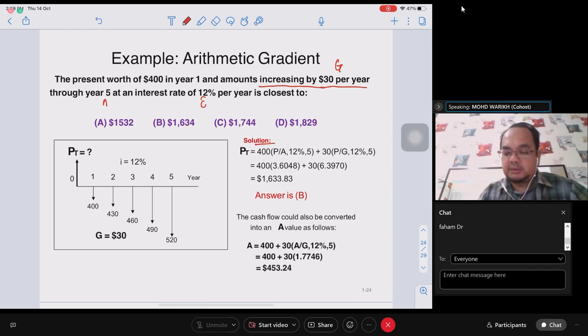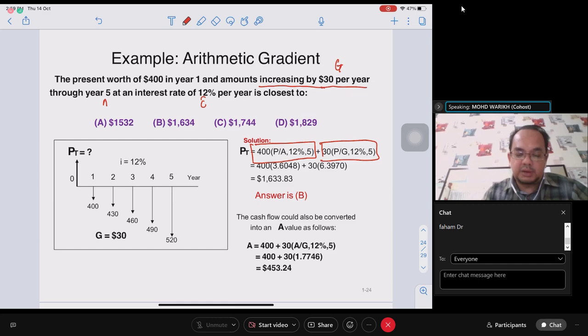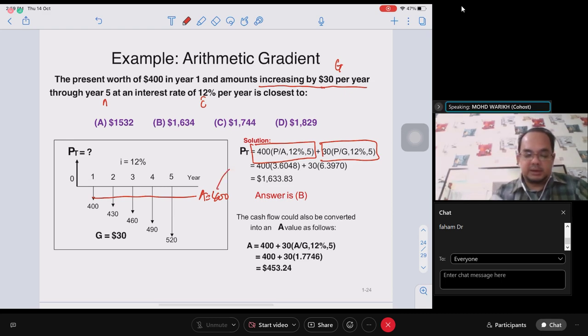So that means you make two calculations. The first one is the normal one, the base one, 400 ringgit. So A is 400 ringgit. First we try to find P, we say P1.